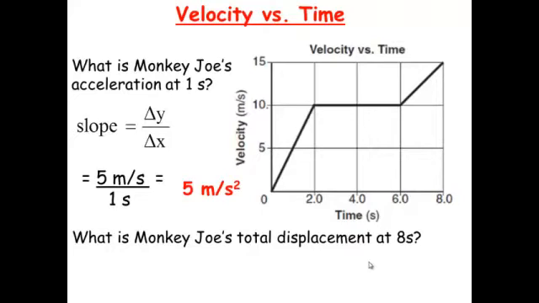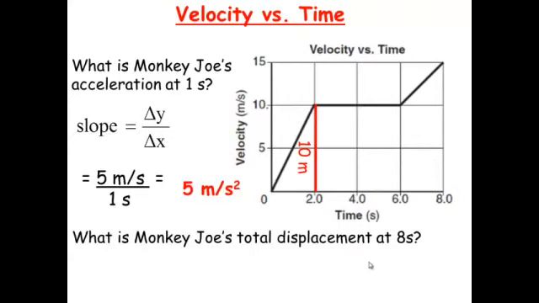So first, I'm going to look at the area underneath the curve between 0 and 2 seconds. If I break that down into a triangle, I can use the formula for the area of a triangle, area equals 1/2 base times height, to determine that the area underneath the curve from 0 to 2 seconds is 10 meters.